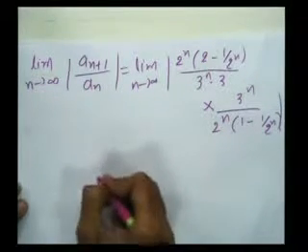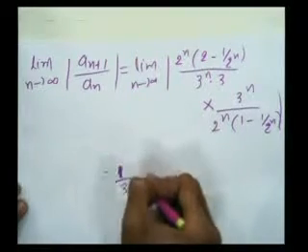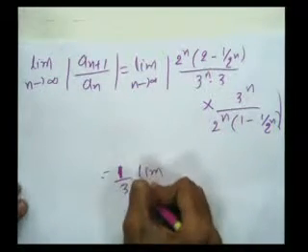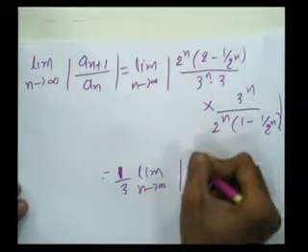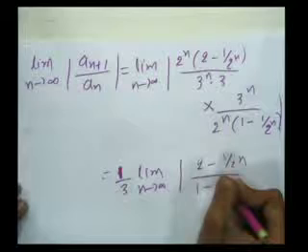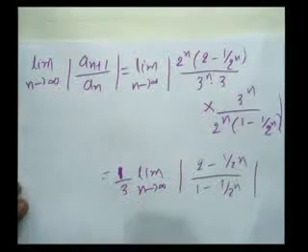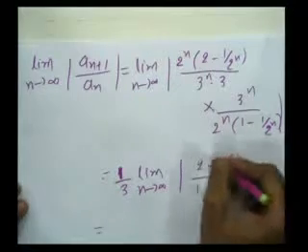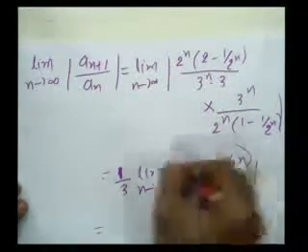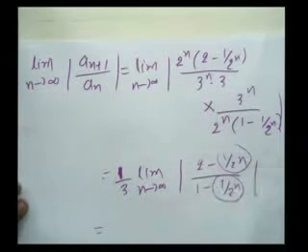After all it is equal to 1/3 times the limit of the modulus of (2 − 1/2ⁿ) upon (1 − 1/2ⁿ). Since this part is 0 and this part is 0, the answer will be (2 − 0) upon (1 − 0), which is equal to 2.